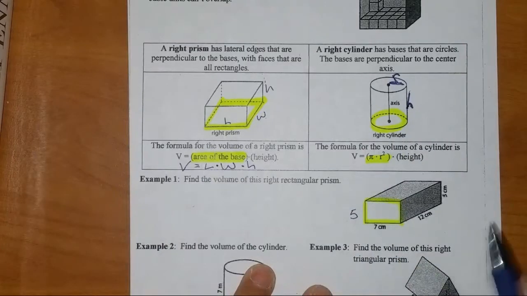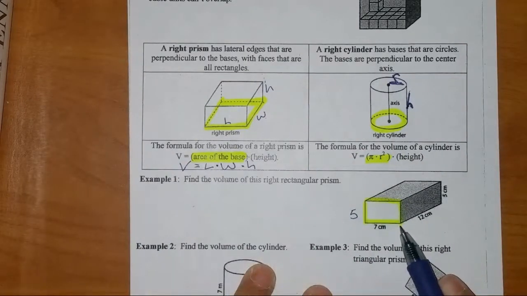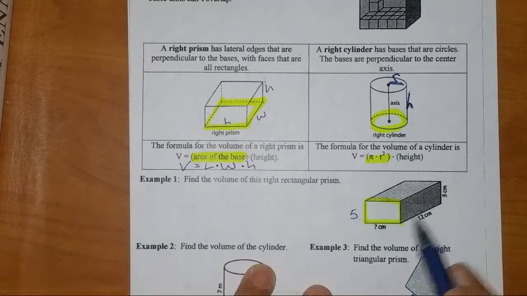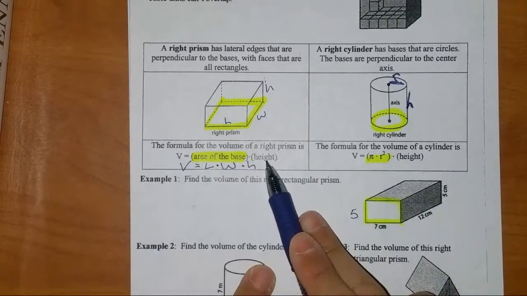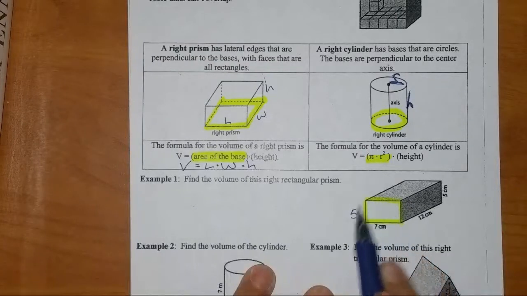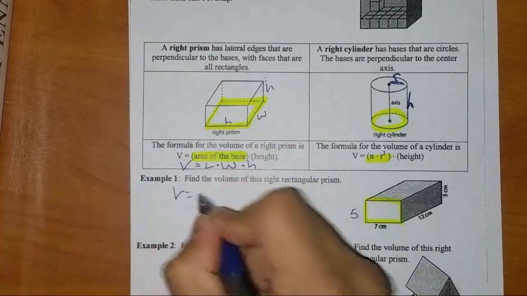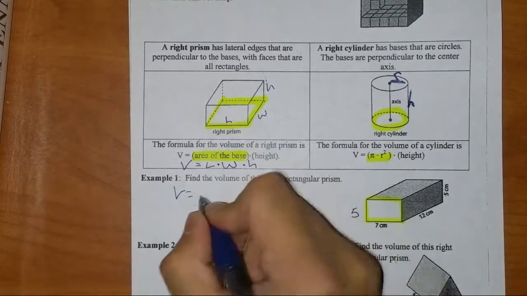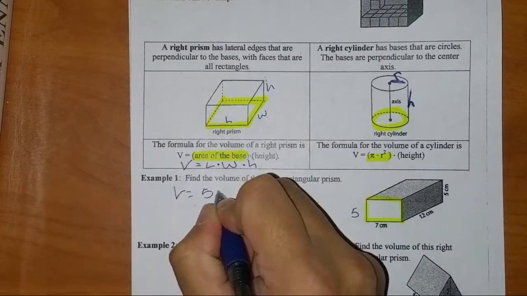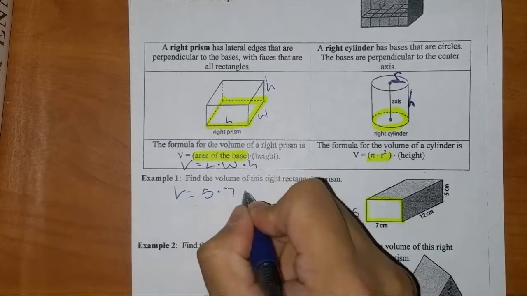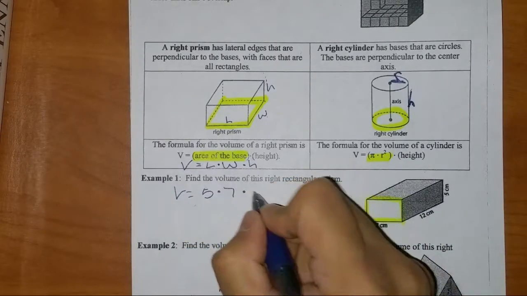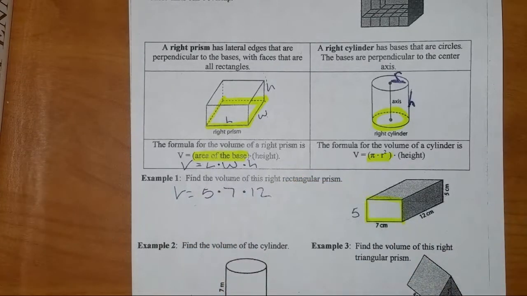Now how tall is this rectangle? 12 centimeters. 12 centimeters, right? This is the height that I'm going to have here. So it's the area of the base times the height. So my volume is going to be 5 times 7 times 12.